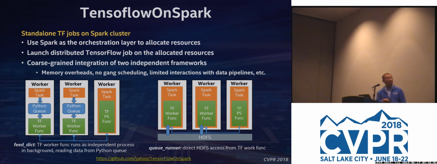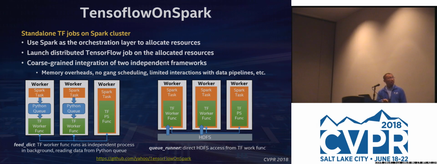In this case, it is a Python multiprocessing queue. So it will put the data into the Python queue, and the TensorFlow worker will get the data from the queue, and then the TensorFlow workers and those PS tasks will communicate by themselves to run the TensorFlow job in a distributed fashion.